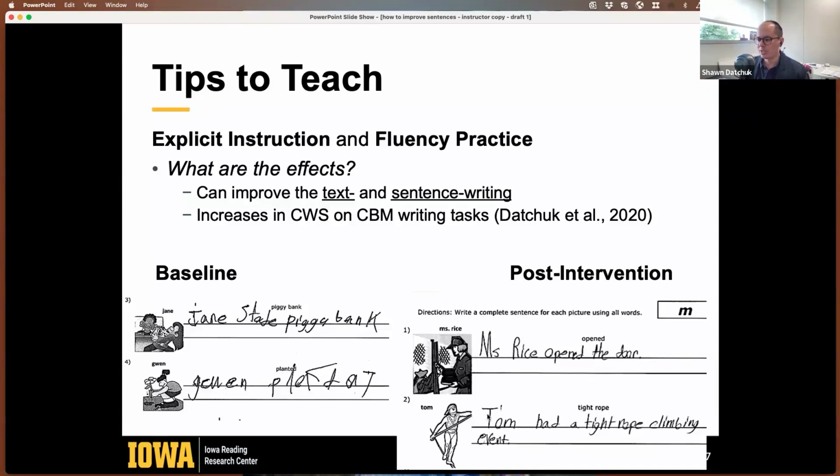Clear capital letter here. Tom had a tightrope climbing event. I think that's a pretty good sentence, with a capital and end mark. So we see a measurable improvement on CWS, which is correct writing sequences. We'll unpack what that means. I know education can be like alphabet soup with different acronyms, but we'll unpack that as we move forward today.